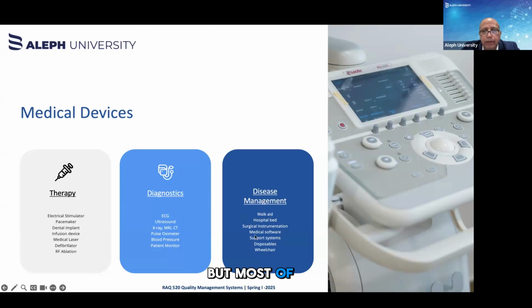But most of these are instruments or devices that are used for disease management. So as you can see, there are different categories of medical devices, but there are many hundreds, if not thousands, of medical devices being used in clinics and hospitals and so forth.